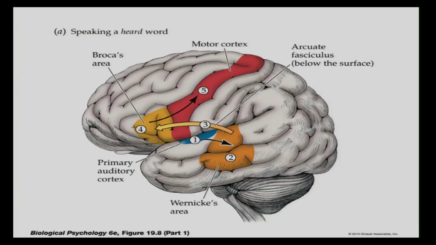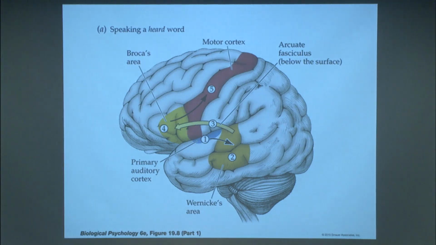For example, there are comprehension deficits in Broca's area. They may not be as severe or the same kind as the comprehension deficits in Wernicke's area, but they're still there. So it's not a pure motor area, it's motor combined with meaning. Similarly, Wernicke's area is not just comprehension, but it plays a role in certain kinds of motor output as well.